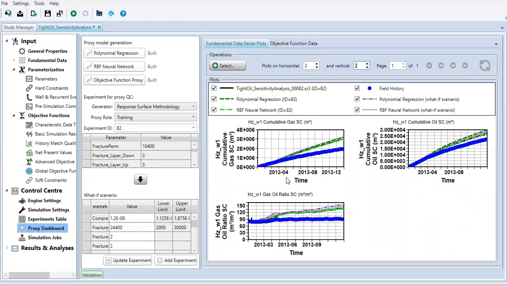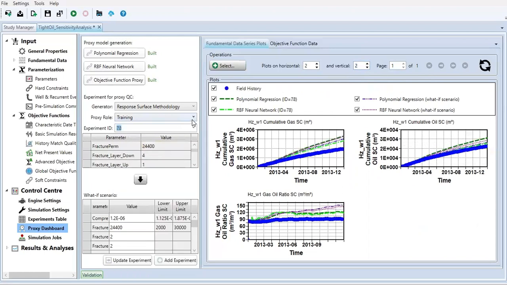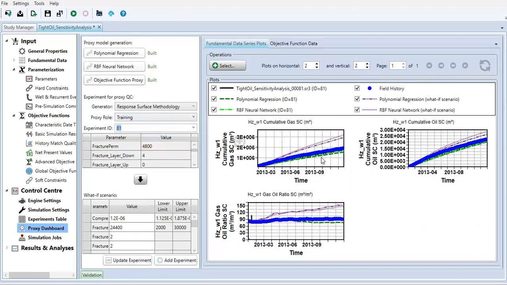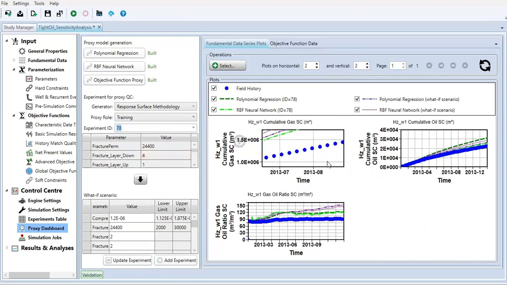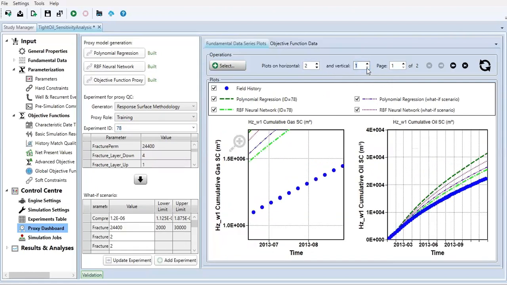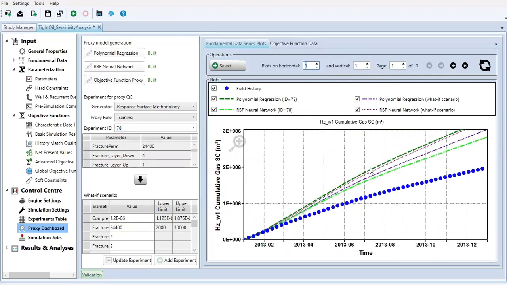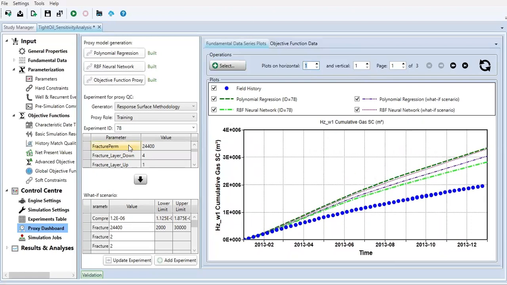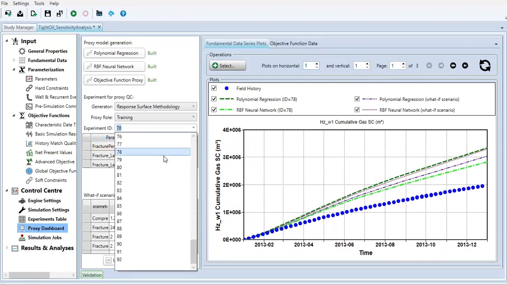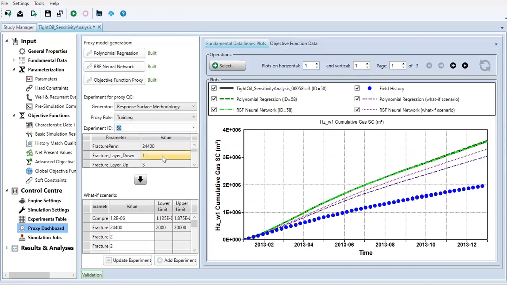Okay. So you can check one by one your experiment. Now let's check the experiment. Yeah. So like this. All right. Yeah, you can do it.